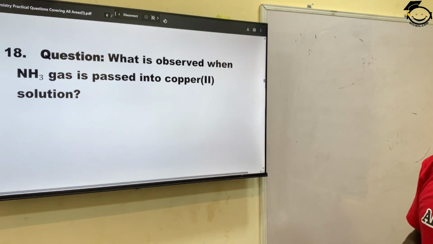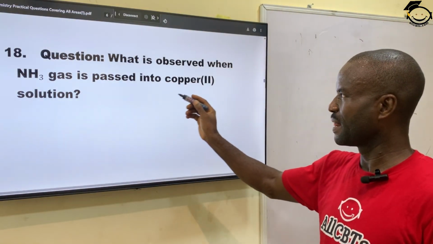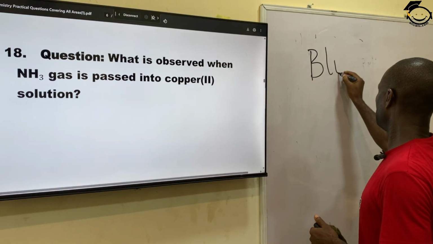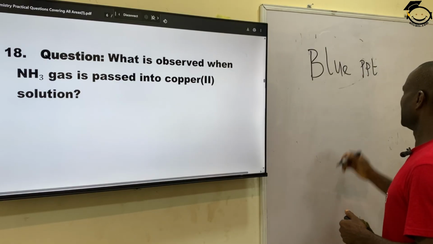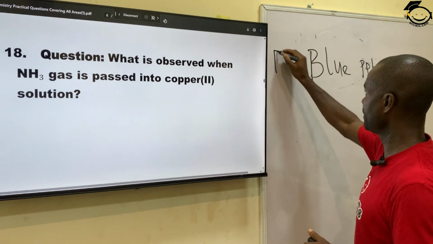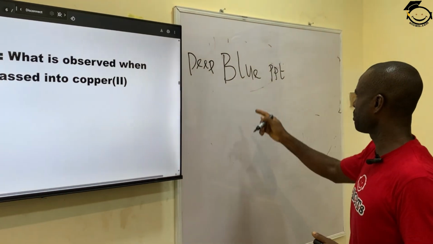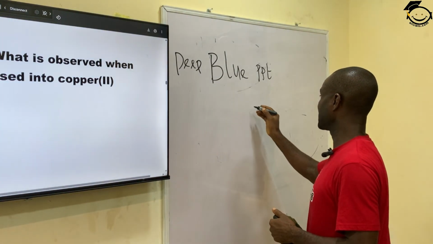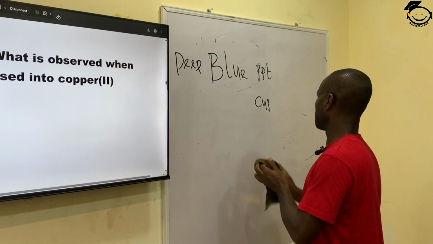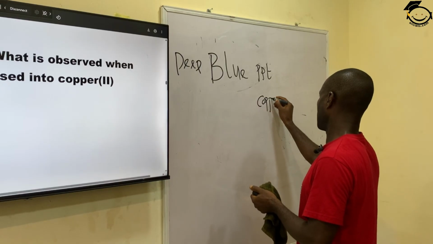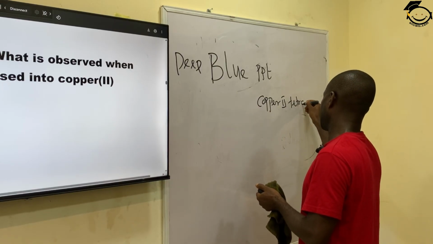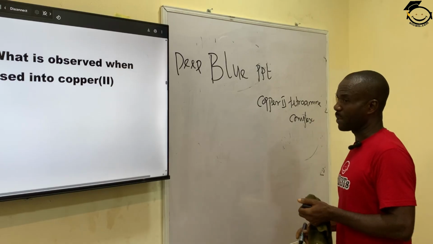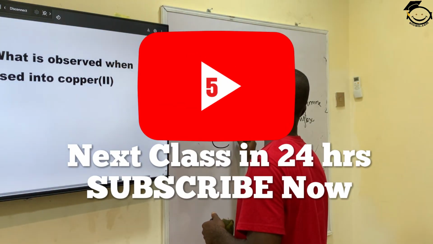When you react ammonia gas with a solution of copper II, you get a deep blue precipitate, a very deep blue, which is soluble, forming a complex ion called copper II tetraammine complex ion.